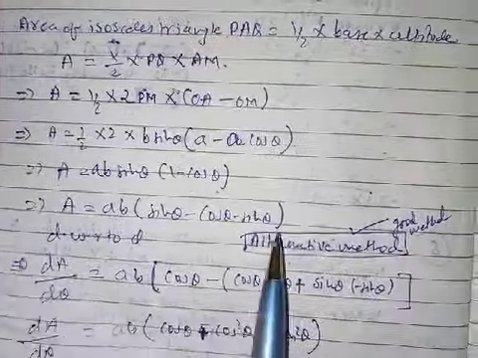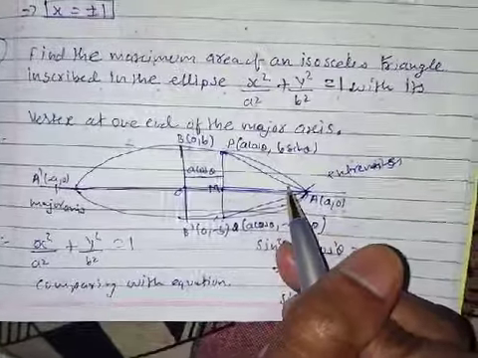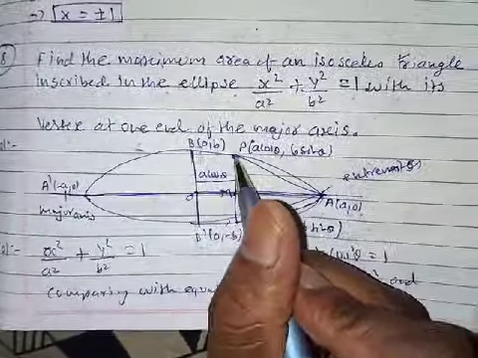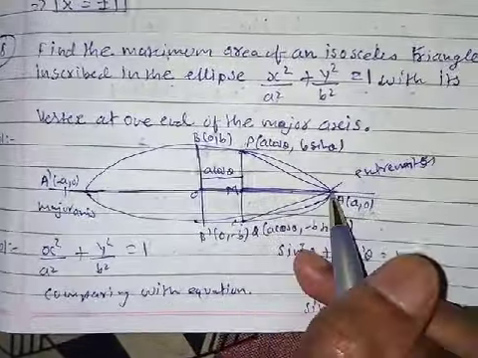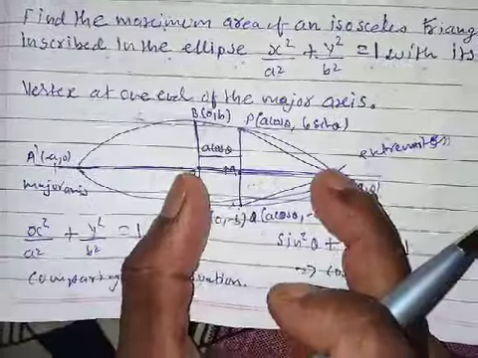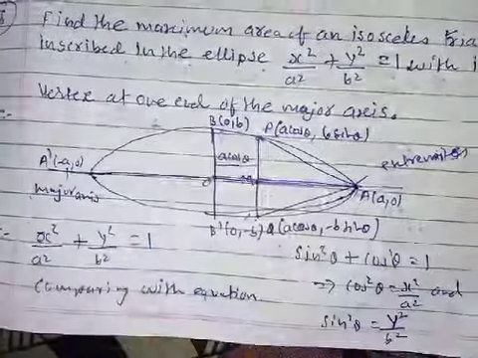If this angle is theta, this is 90 degree, this is forming theta. So OM becomes a cos theta.